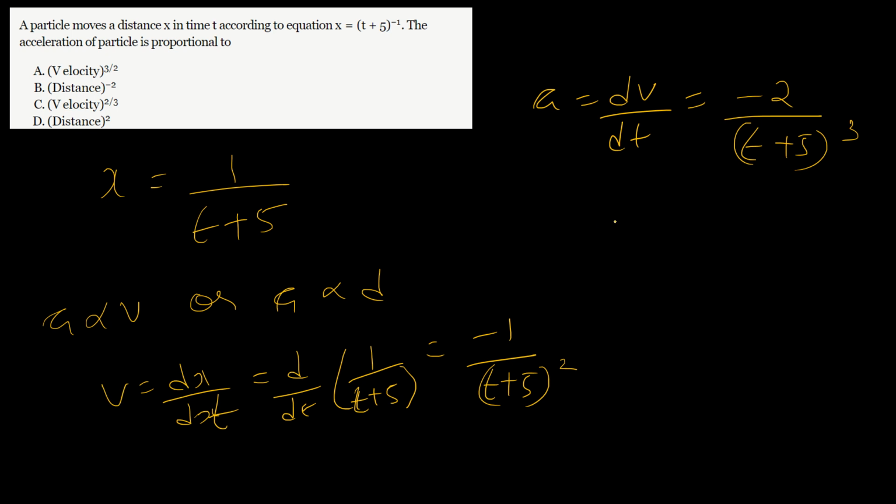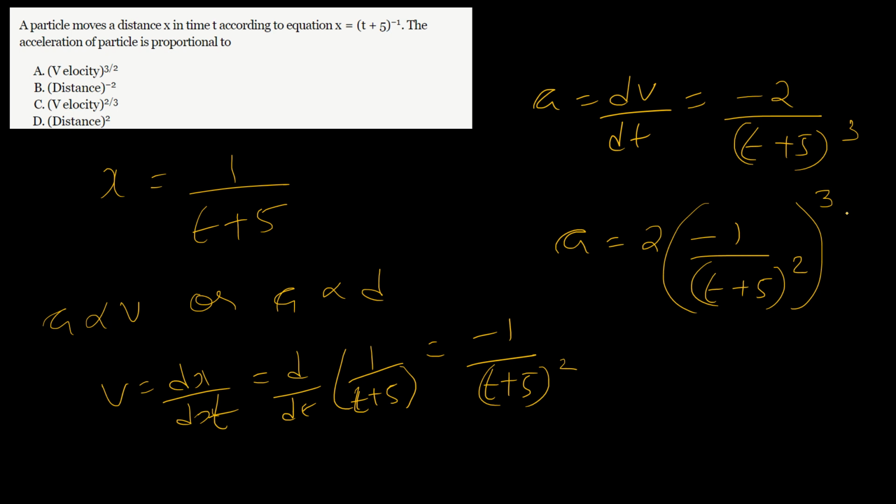In order to include 2 here, it's better I give 2, and in the bracket I'm going to include 3 here. The only way to include 3 is like this, and we have to cancel off 2, so we can give this 2 in the denominator.